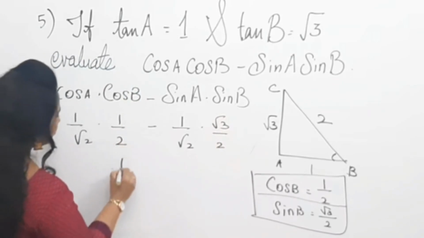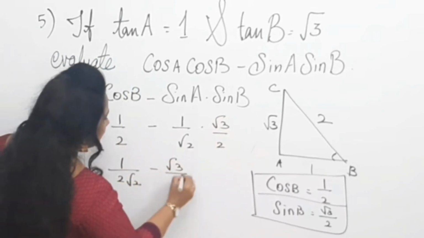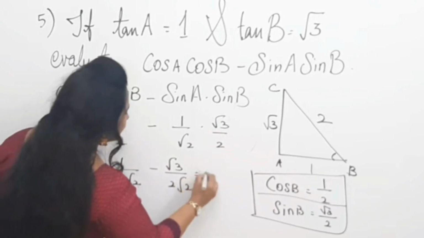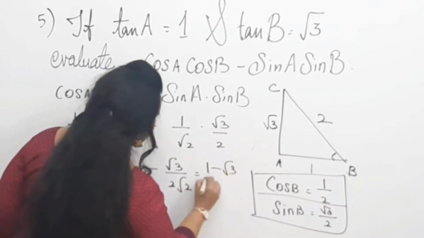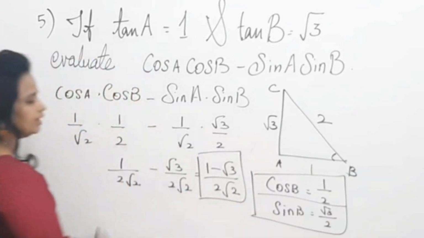So I multiply: 1 by 2 root 2 minus root 3 by 2 root 2, which is equal to 1 minus root 3 divided by 2 root 2. That's my value, as simple as that.